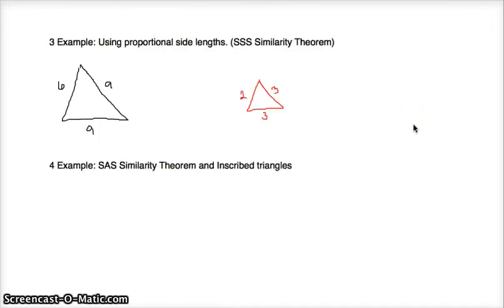Okay, there's also another similarity theorem that is called the side-side-side similarity theorem, also known as the SSS similarity theorem. And this should remind you of dilations when we were working with dilations. So remember that in a dilation, everything was multiplied by some number.